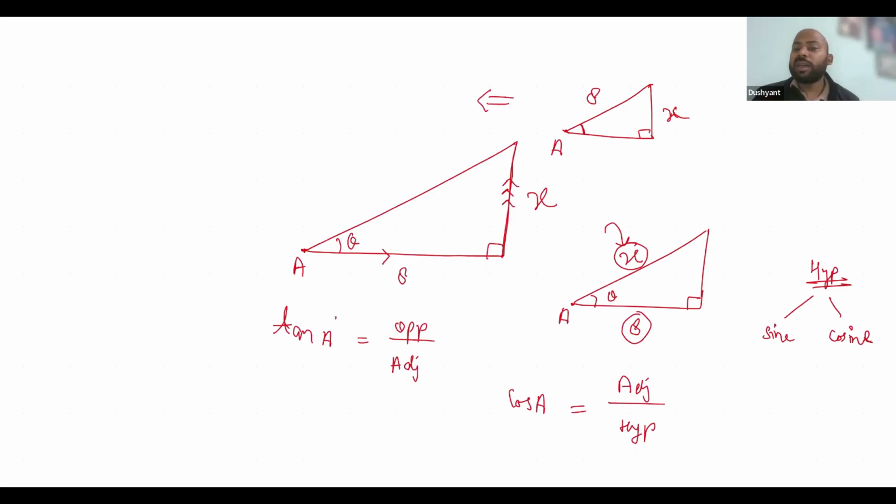So first frame it. This is my opposite over hypotenuse, isn't it? This is my opposite, and this is fixed, of course, my hypotenuse. So opposite over hypotenuse directly goes to sine or cosine.